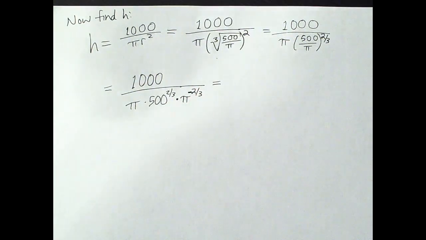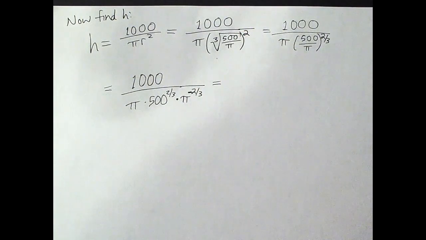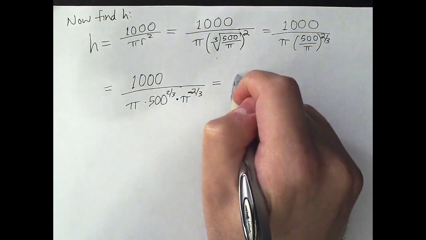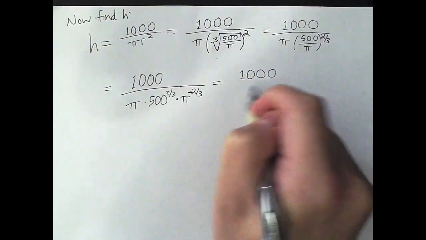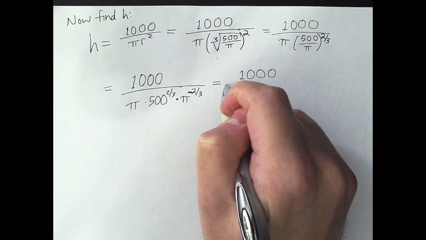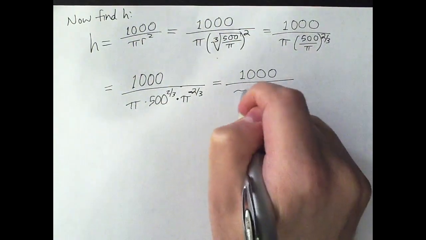The reason I did that is because I'm about to combine the pi's. This is all kind of algebra right now. Maybe I shouldn't be spending so much time on simplifying things, but simplifying your answer is a good thing to do. Pi times pi to the negative 2/3 is pi to the 1/3.